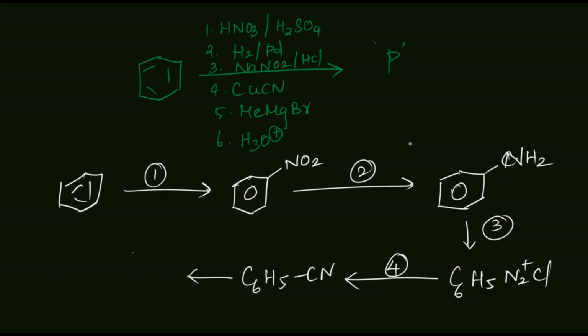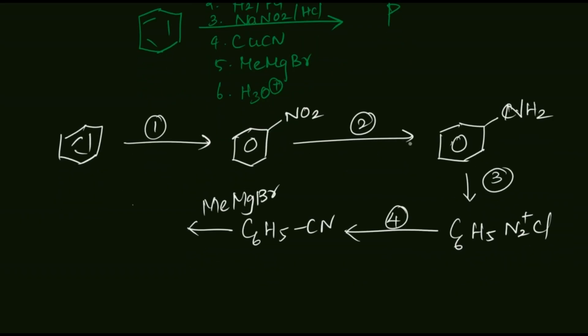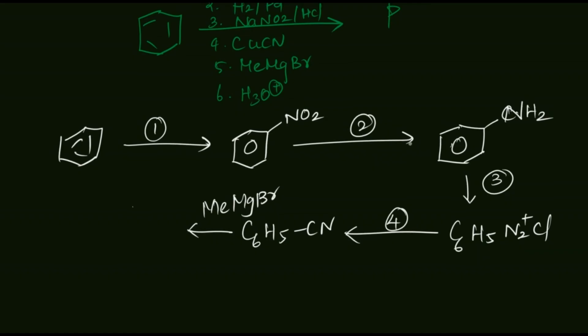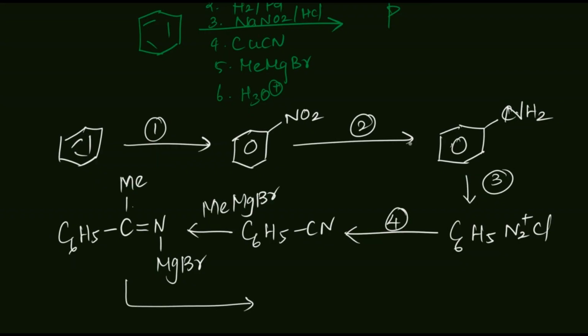Along with that, I have the fifth reagent as methyl magnesium bromide. What that will do is, the methyl group will get attached over here, and then I have nitrogen having MgBr. As the sixth step, I have acid workup.